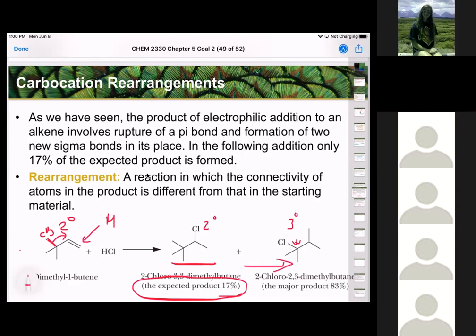That's why we have a product distribution and not just one product. We had a carbocation, it reacted before it had time to rearrange. So this is formed by taking that first addition and doing pattern number 3, nucleophile electrophile. This actually went on to do pattern number 4 and then did the addition with the electrophile and the nucleophile. So that's why we have a product distribution and not just one product.